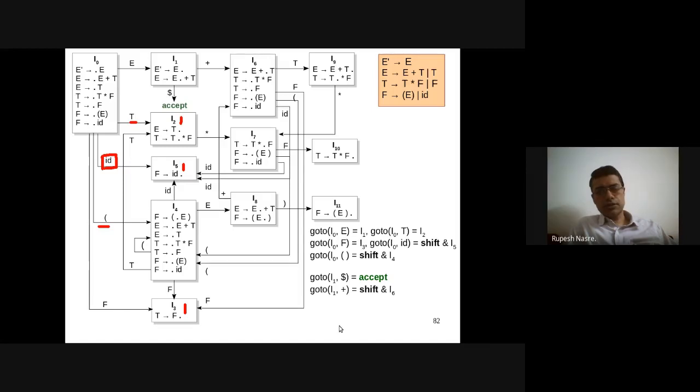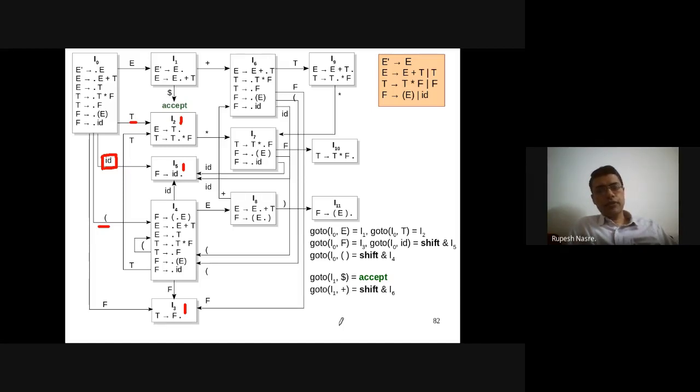Shift and I6, correct? So I2 on star is going to be shift followed by I7.